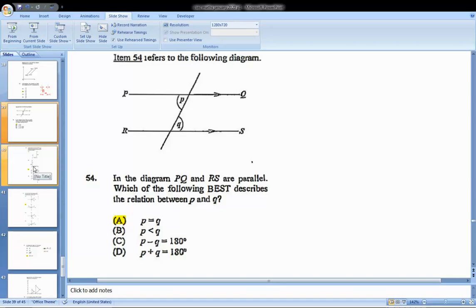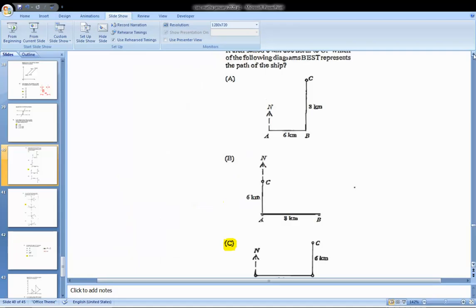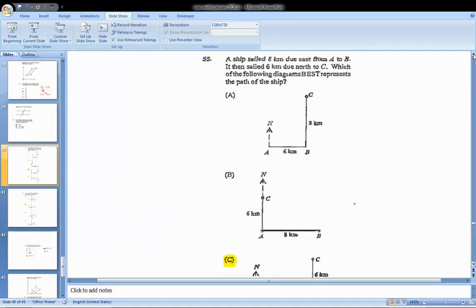Let's move on to number 55 now. It says a ship sailed 8 kilometers due east from A to B. It then sailed 6 kilometers due north to C. Which of the following diagrams best represents the path of the ship?